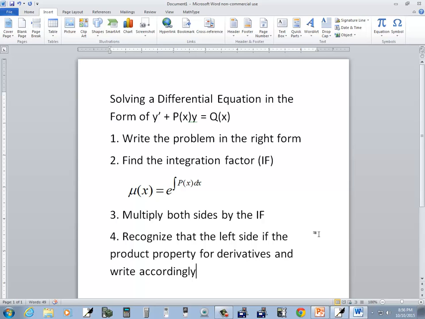Now it'll make more sense once we take a look at some problems. And then step 5, take the integral with respect to x for both sides.